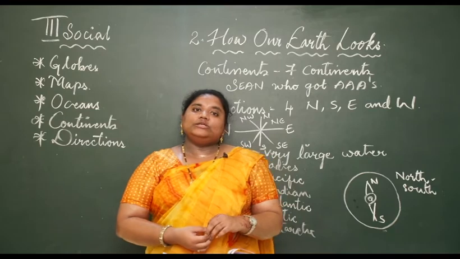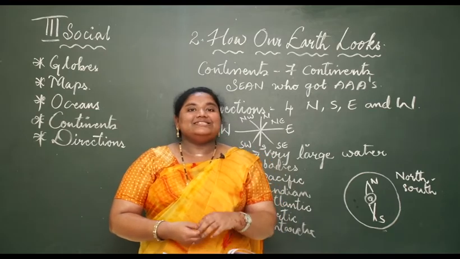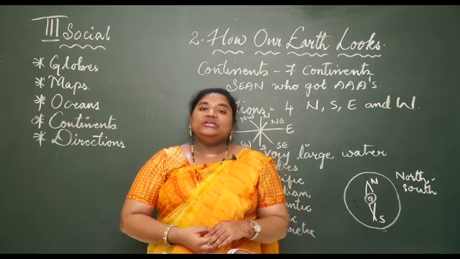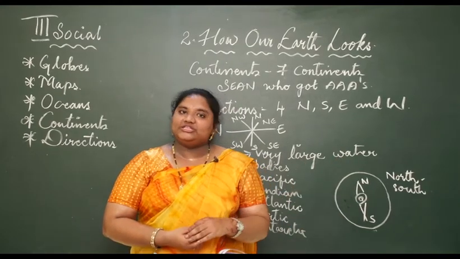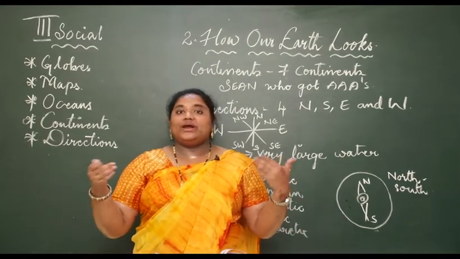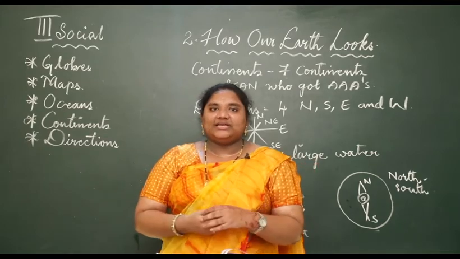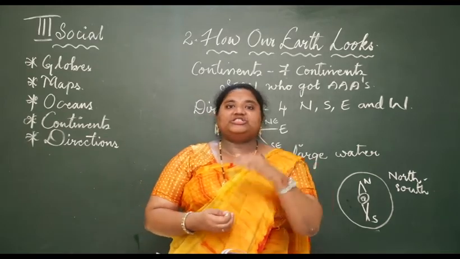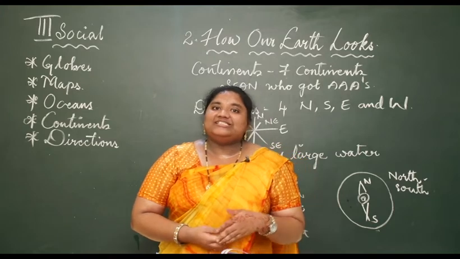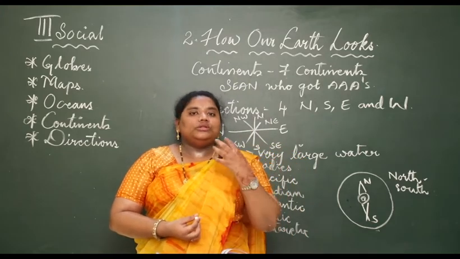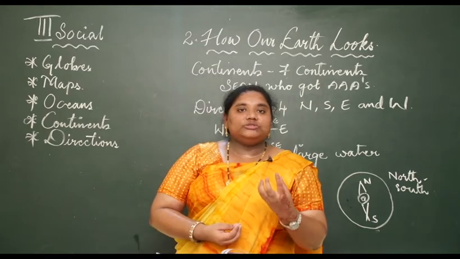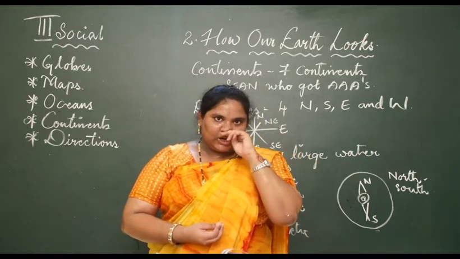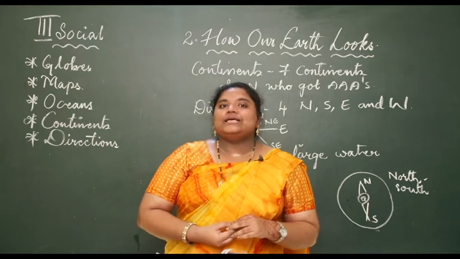A compass is mostly used by sailors who travel through the sea on a voyage, in the open sea, where we can't find out in which direction the ship or the boat is sailing. So they mostly use the compass. The compass mostly used by sailors is called a mariner's compass.